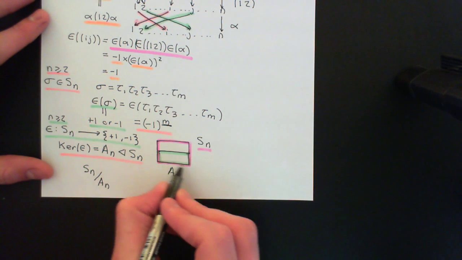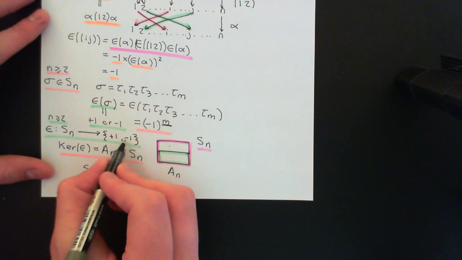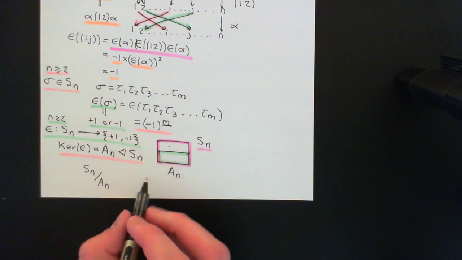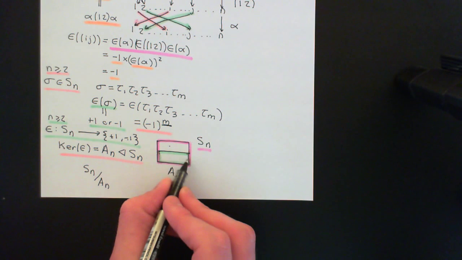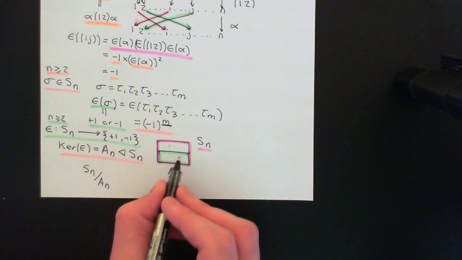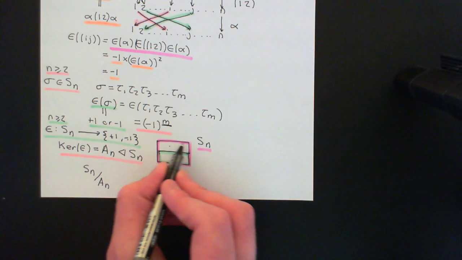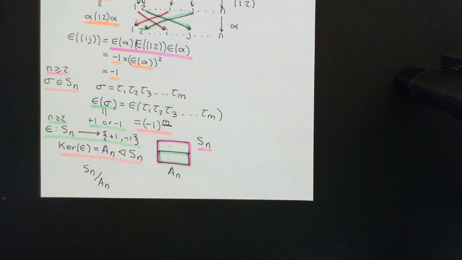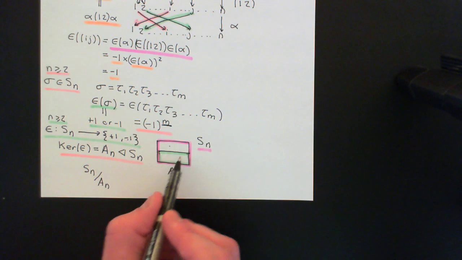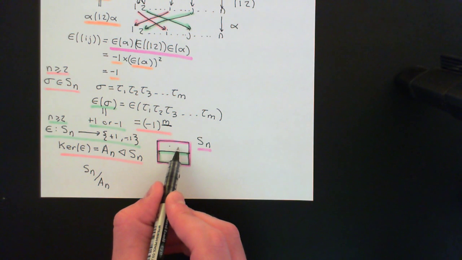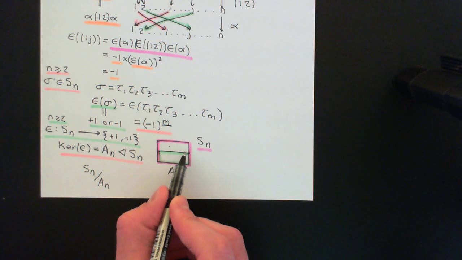This coset would become the equivalent of this one, and this coset the equivalent of this one. So indeed, this will equal all the elements that have a positive sign, all the even permutations, and this coset of it, left or right coset, doesn't matter because it's a normal subgroup, would be all of those permutations with -1 as their sign, i.e. all of the odd permutations.